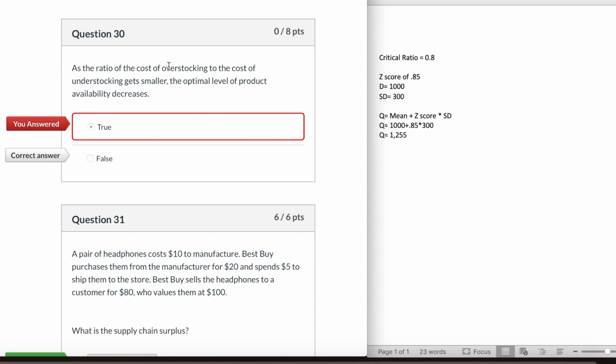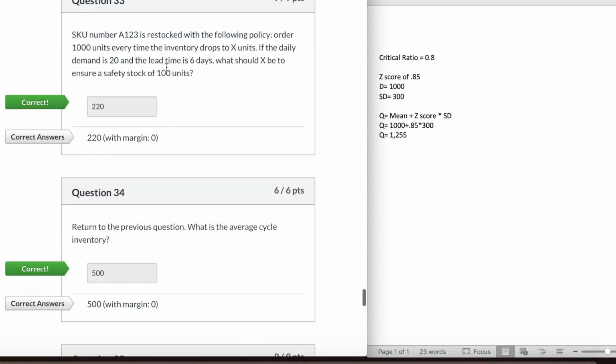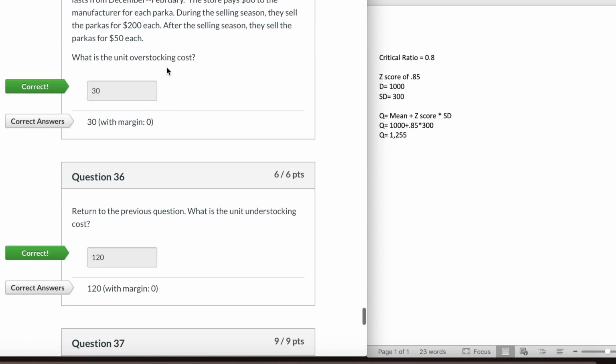If overstocking and understocking get smaller, you should be more accurate, and therefore the product availability should be high. It shouldn't go down. So the fact that it decreases is false. If anything, it increases to where it's perfect and closer to optimal. I explained that right, but I answered that wrong here. So that's my justification. And everything else seems right.